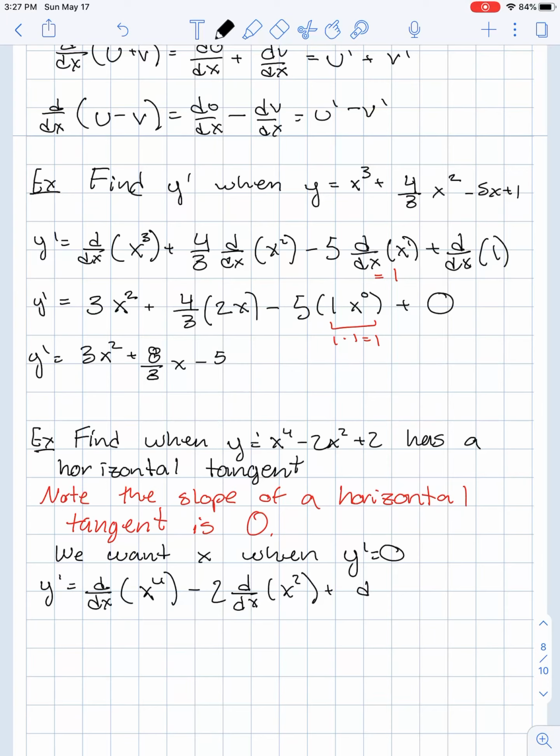So then x to the 4th, that 4 is going to come down. 4 minus 1 is 3, minus 2 times 2x plus 0. So we get 4x cubed minus 4x. So remember, I want to find when this y prime equals 0. So I'm going to set 0 equal to 4x cubed minus 4x.